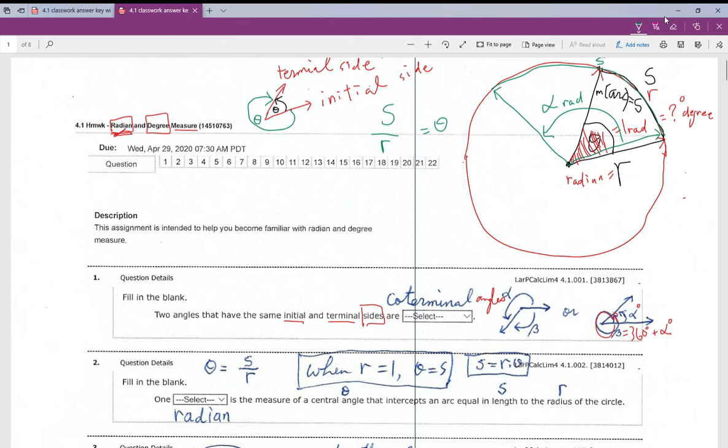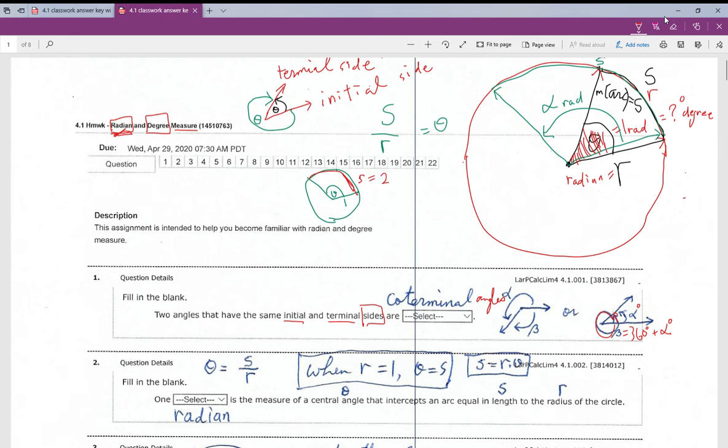For example, if you have a unit circle, this radius is 1, and the open arc here, S, equals 2.